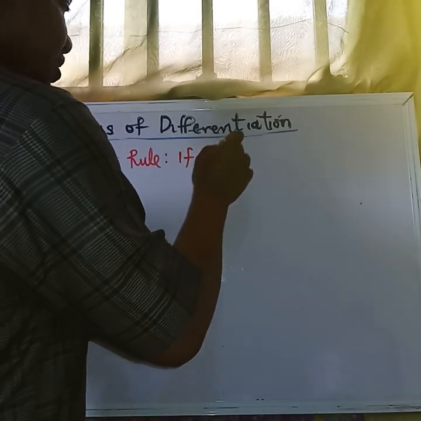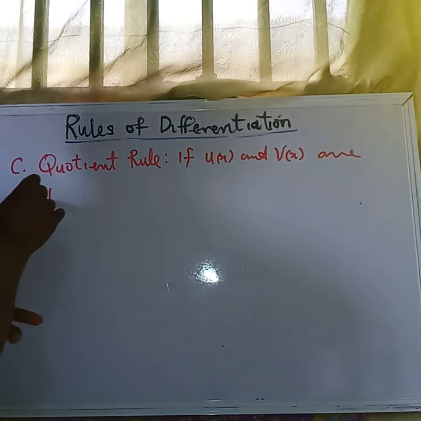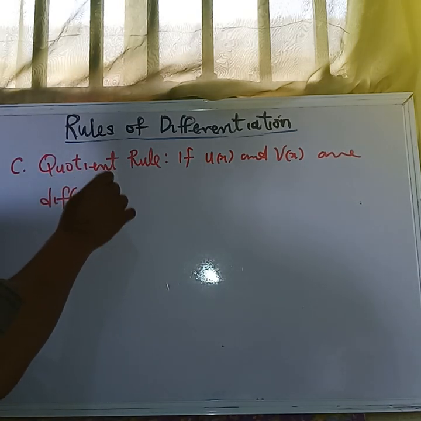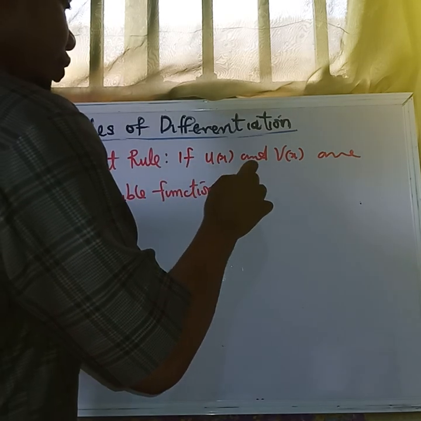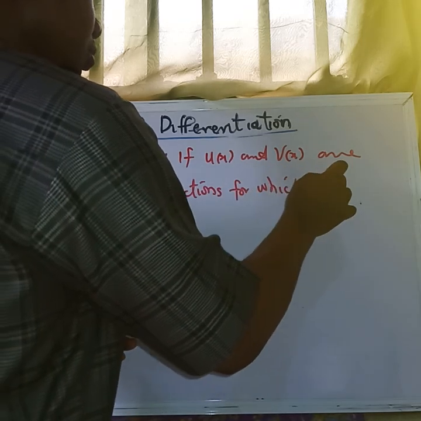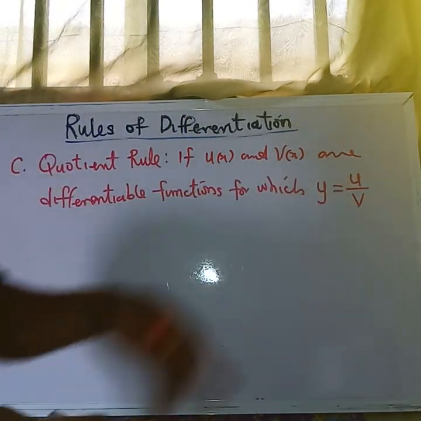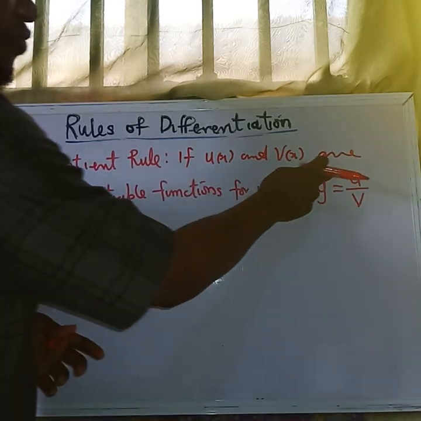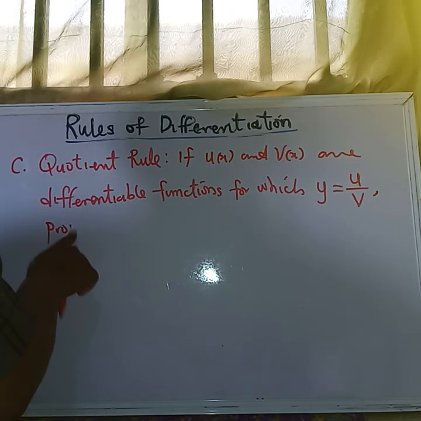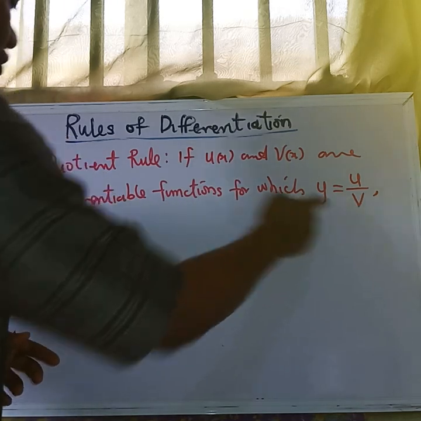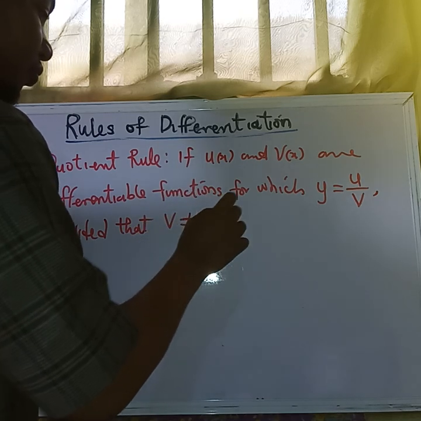If u of x and v of x are differentiable functions for which y is equal to u over v, where u is differentiable and v is differentiable, provided that we must restrict the condition on v, that v must not be equal to 0 for each x.